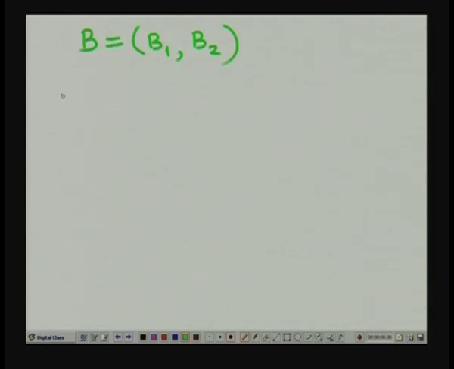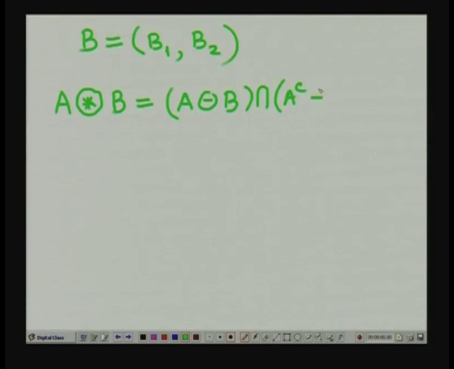Then for a given image A, the hit or miss transform of A with B is given by A eroded with B1 intersection A complement eroded with B2. So, this is the general definition of the hit or miss transform.